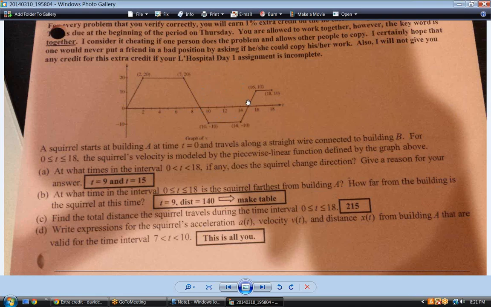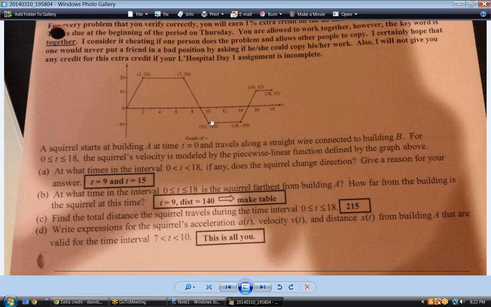Wait, on that integral, should I do the integral from 7 to 10? Yes, because that interval from 7 to 10 includes both directions. It's going to the right, and it's also going to the left. So displacement and distance are going to be different.